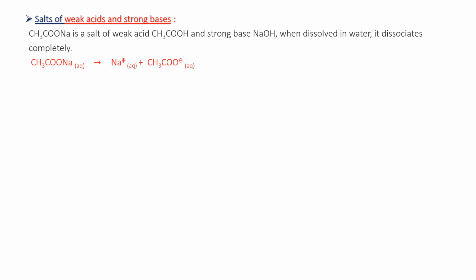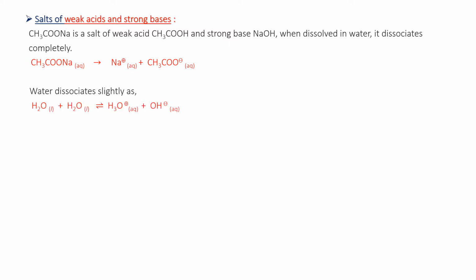In this case, sodium acetate is a salt of what? A weak acid, that is acetic acid, and a strong base, that is NaOH. When sodium acetate is dissolved in water, what do we get? Na+ and CH3COO-.